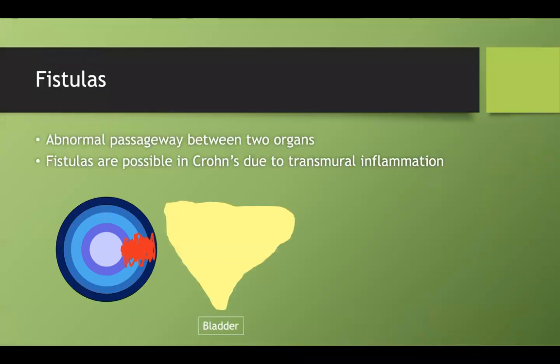And now if you have an adjacent organ, what can happen is that inflammation doesn't just stop once it passes through this serosa and adventitia, it continues on to the adjacent organ. And the problem with that is that if you have this continuous inflammation, this area doesn't turn into a well solidified structure anymore. You can actually get the formation of this passageway between the 2 now, and that can form a fistula. And they do love this on a test.